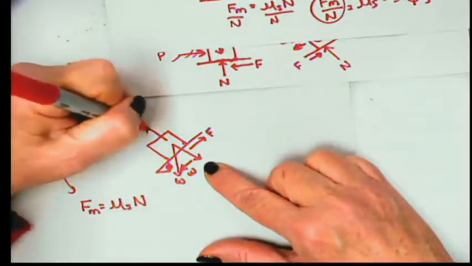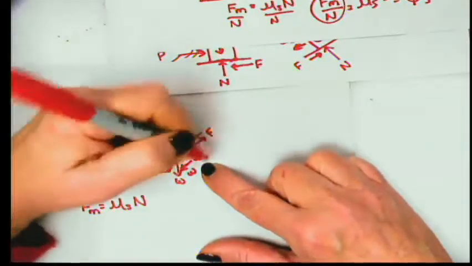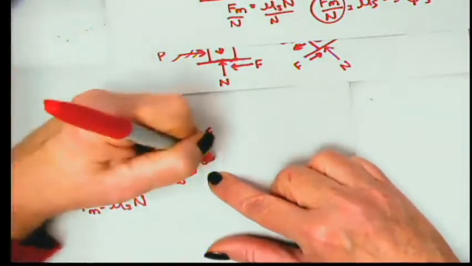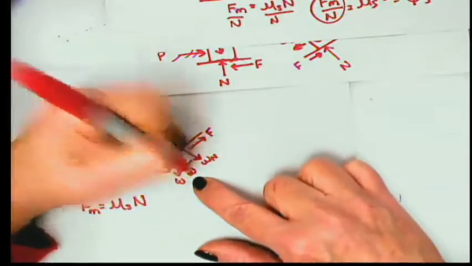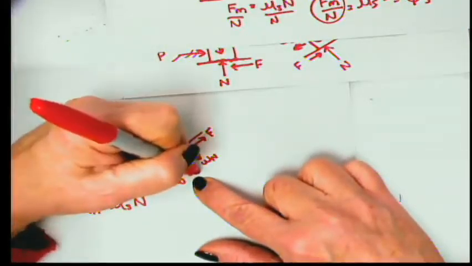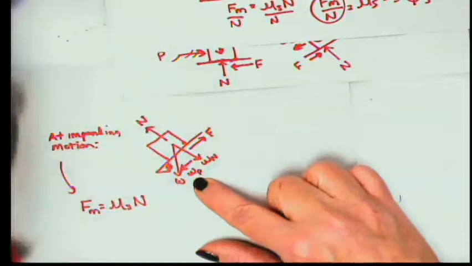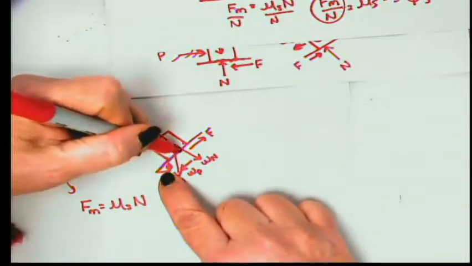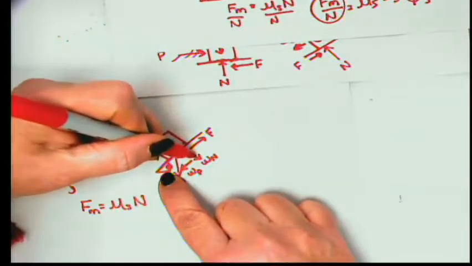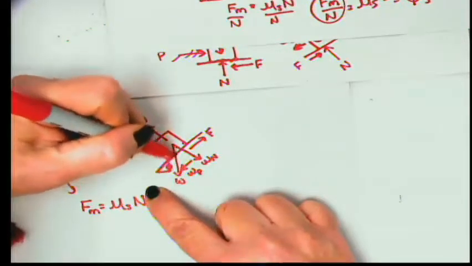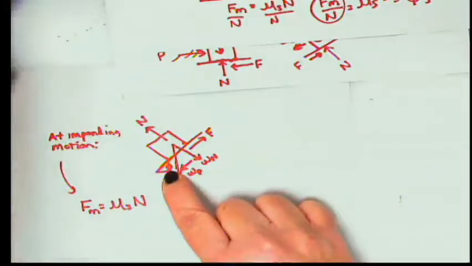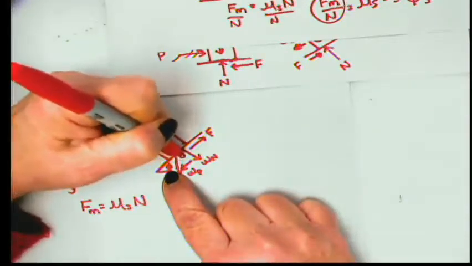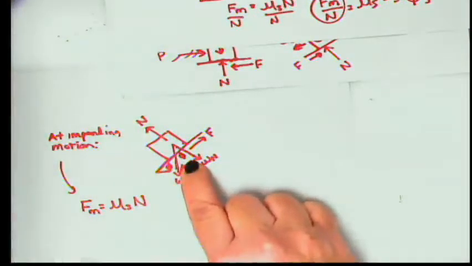We know that the normal force looks like this, and this is the weight in the normal direction, and this is the weight along the plane, so I'm going to call that W sub p. Now, if you do a little bit of trig here, if you notice that this line is perpendicular to this line, if this angle is phi, this angle also has to be phi.